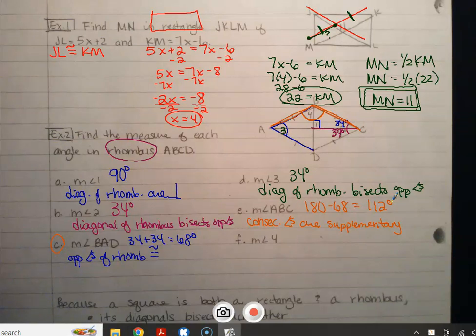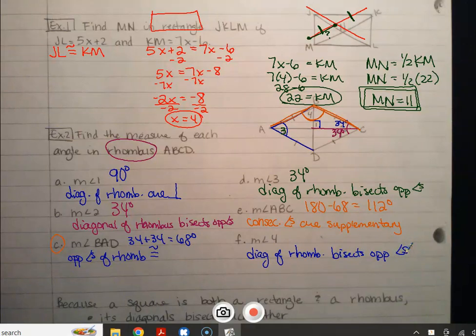All right, and then what about the measure of angle 4? Okay, it goes back to that diagonal of the rhombus, right? So the diagonal of the rhombus bisects opposite angles.